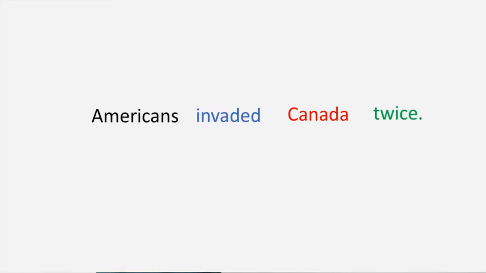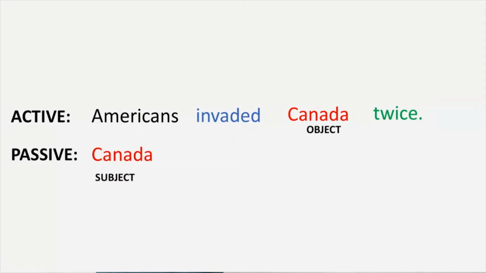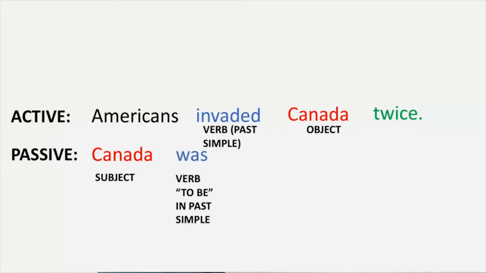Here we go. To form the passive, take an active sentence like this and identify the object. Now take that object you want to emphasize and make it the subject of your new passive sentence. Identify the verb tense of the active sentence. Add the verb to be in the same verb tense.